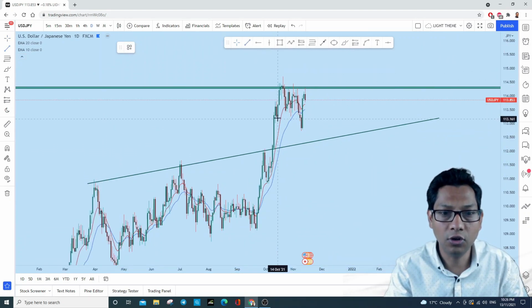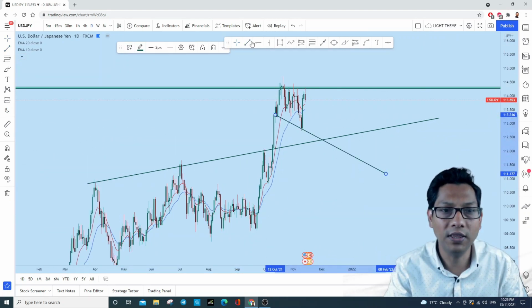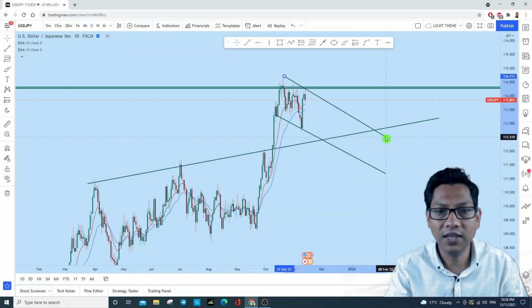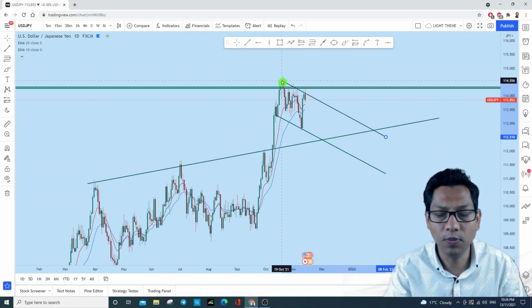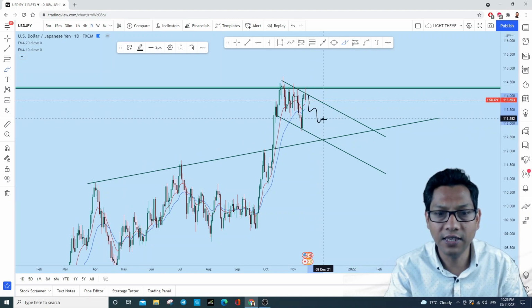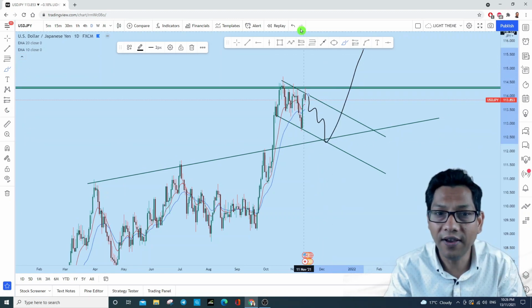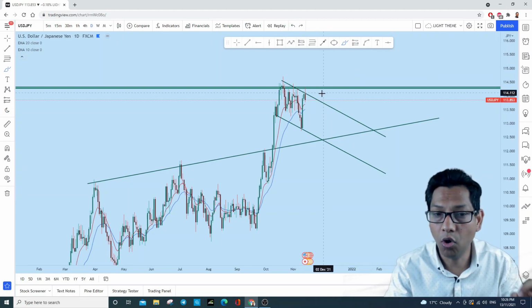Let's draw this trend line as well, where this wedge pattern is forming. What is likely to happen is a drop from here to this level, and finally a break to the upside. So we have a gap to fill on the daily.